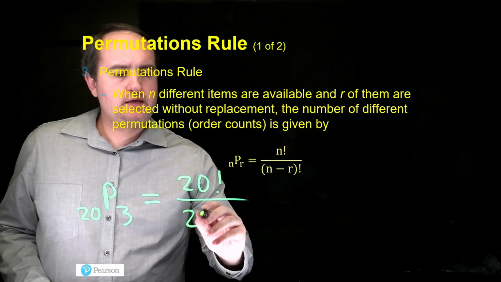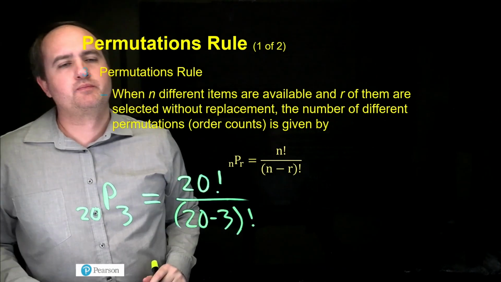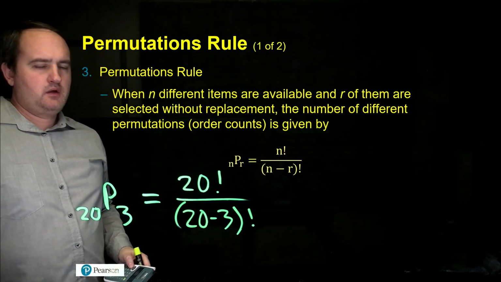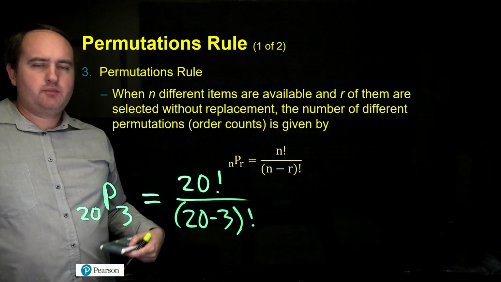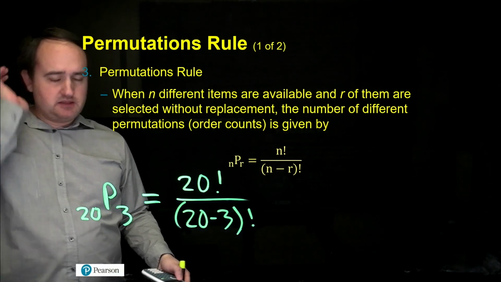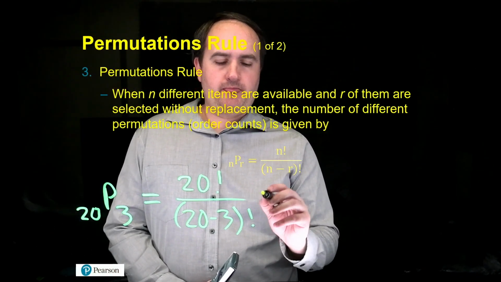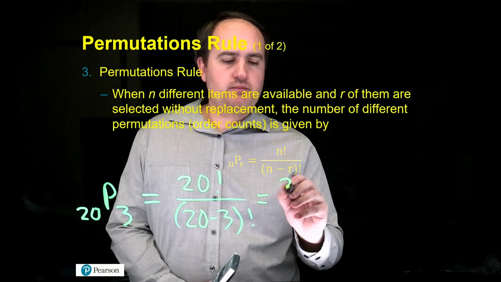Pretty much everyone should be able to do 20 minus 3 in their head. It's 17. So really we have 20 factorial over 17 factorial.